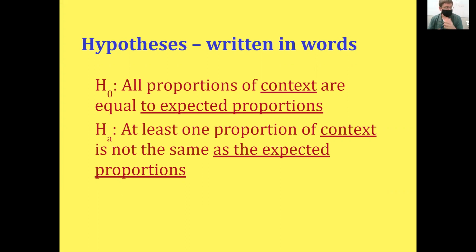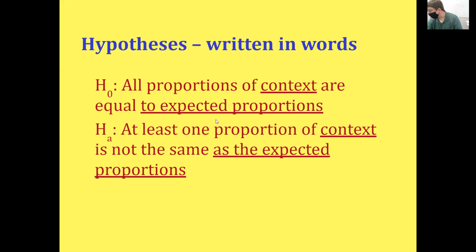And then for the alternative, you will notice we're not looking for all of them to be different. We're looking for what? At least one proportion is different. So I might underline that, I did on my notes, because that phrase, at least one, is important here. We don't care if they're all different or not, just that at least one of them is weird. That's enough evidence for us to say that we're off our expected proportions. So that's what we're testing for.